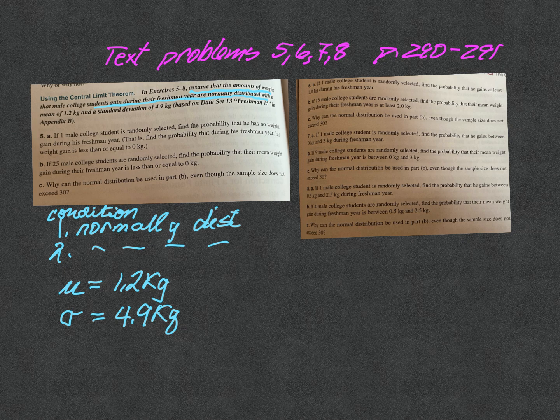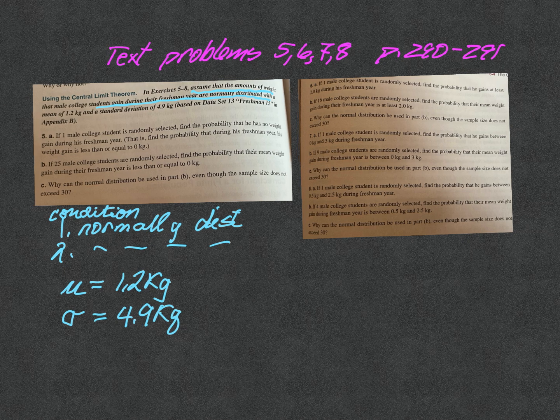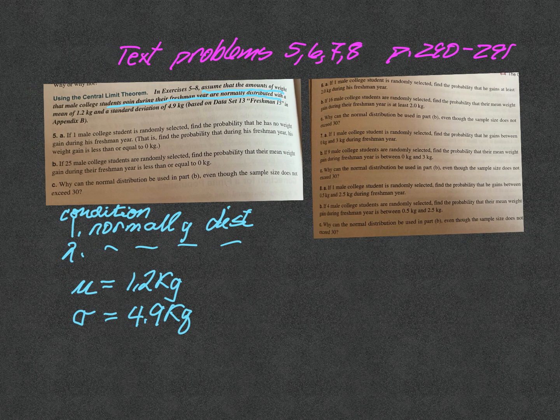So I have that. So now I go to 5A. So now I want to look at problem 5A. And problem 5A says this, okay? It says if one male college student is randomly selected, find the probability that he has no weight gain during his freshman year, okay?